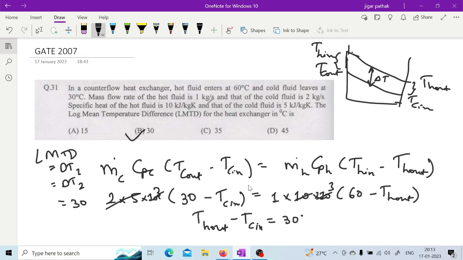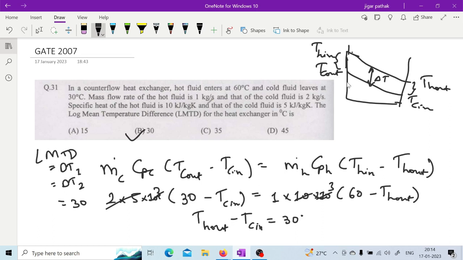Are you getting what we are discussing about this delta T? Yes, but is it equal to the hot fluid temperature change or cold fluid temperature change? It is equal to the temperature difference at inlet or the temperature difference at outlet. Okay, because it is same. That is, temperature difference at inlet and at outlet is same.